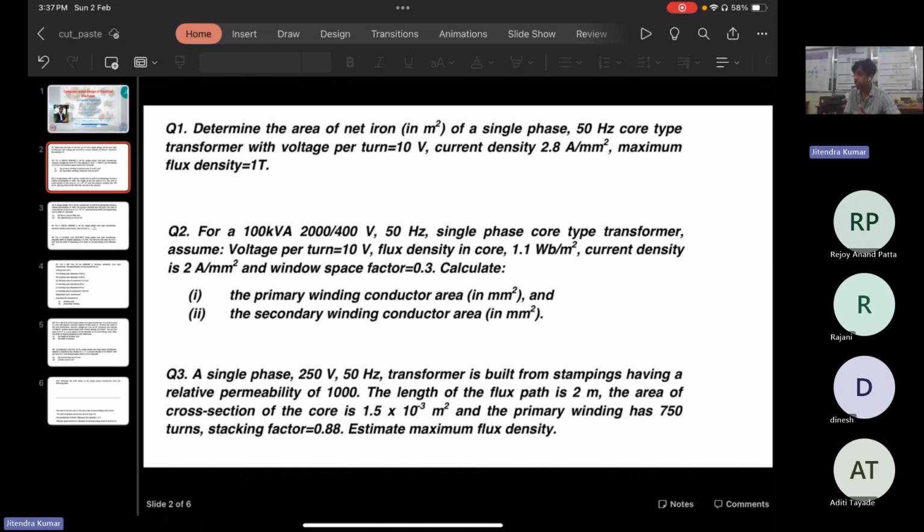Here again window space factor is coming, so you have to correlate it as required. Now you need to calculate the primary winding conductor area and secondary winding conductor area. See the problem carefully.